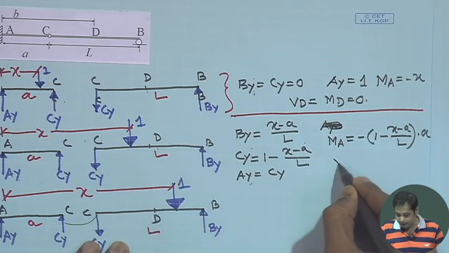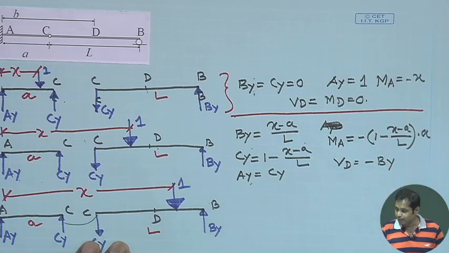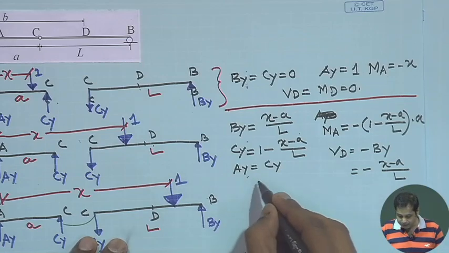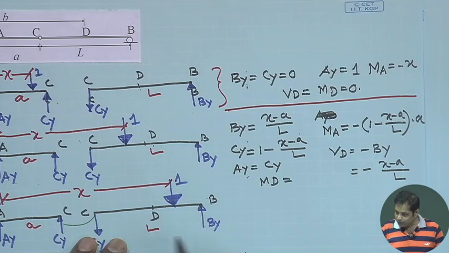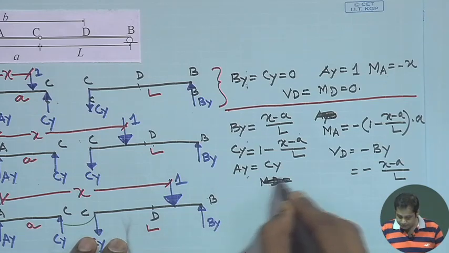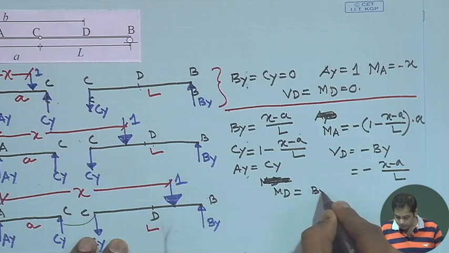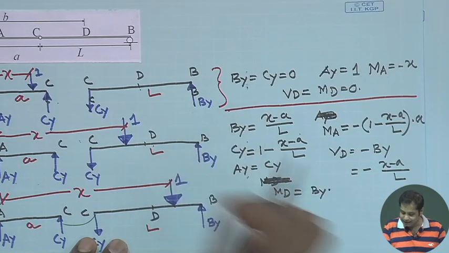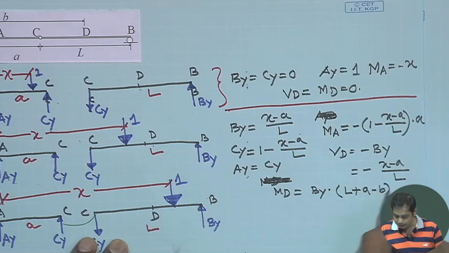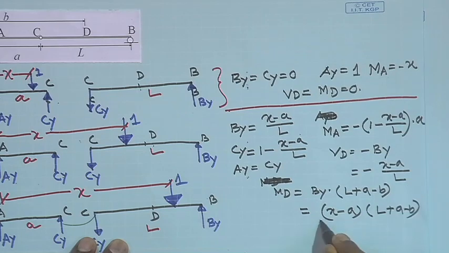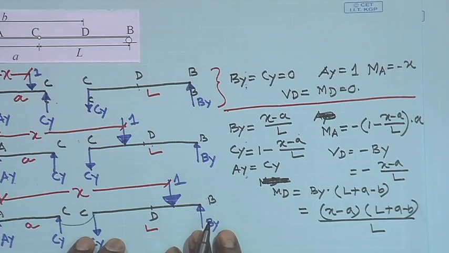Vd is equal to minus By, which is equal to minus x minus A by L. Md, I am just writing the final expression, will be By into this distance, which is L plus A minus B. So, this value will be x minus A, into L plus A minus B, by L. So, this is Md.